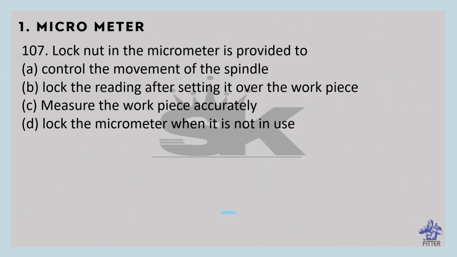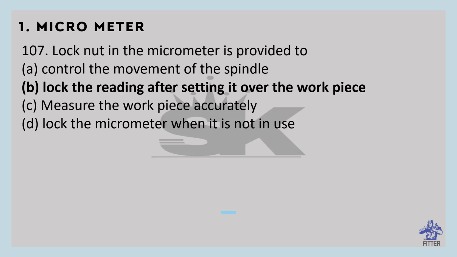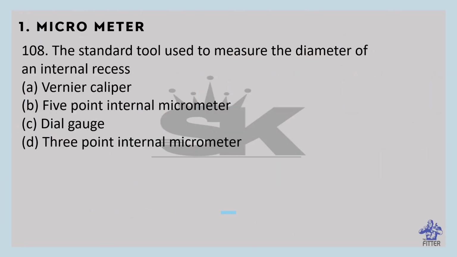Lock nut in the micrometer is provided to lock the reading after setting it over the workpiece. The standard tool used to measure the diameter of an internal recess is the 3-point internal micrometer.